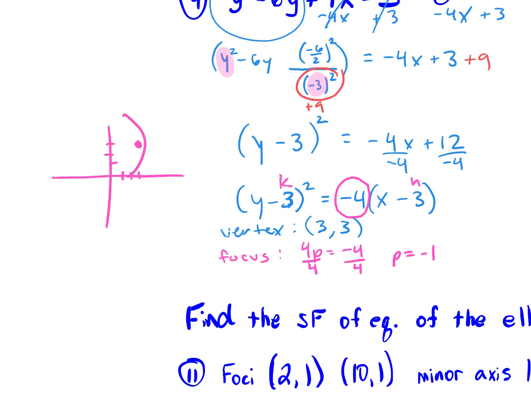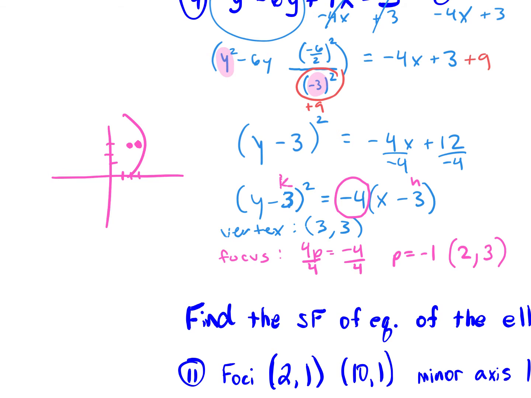My focus is 1 point from the vertex, so I'm just moving 1 space this way. So what would my coordinate point be at my focus? Perfect. 2, 3. We're just moving 1 to the left.